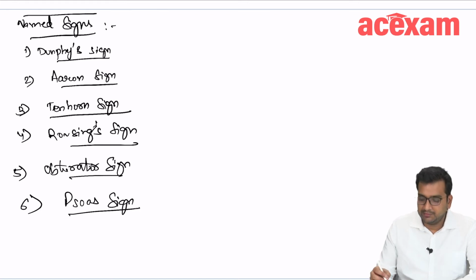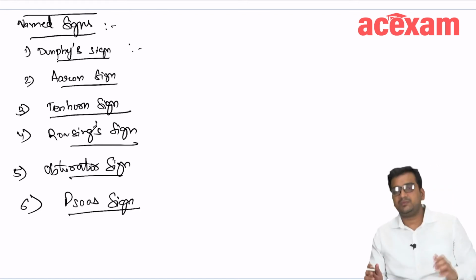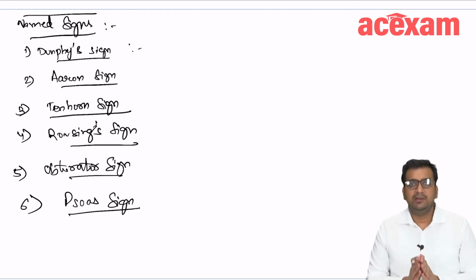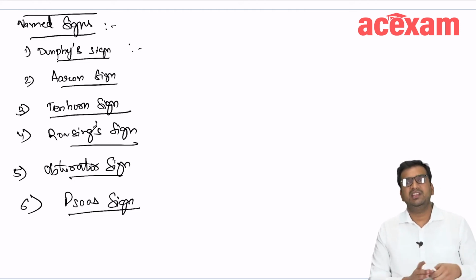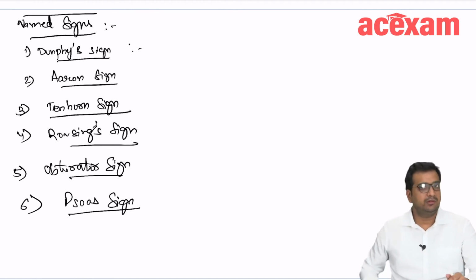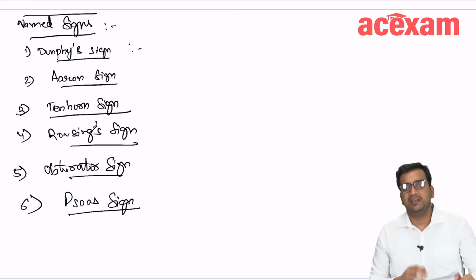Okay. Now, in acute appendicitis, if there is a well-developed acute appendicitis, if we palpate in the left iliac fossa, then also the patient will be feeling pain in the right iliac fossa. If we palpate the epigastrium, then also the patient will feel the pain in the right iliac fossa. If we retract the right testis of the patient, at that time also the patient will feel pain.